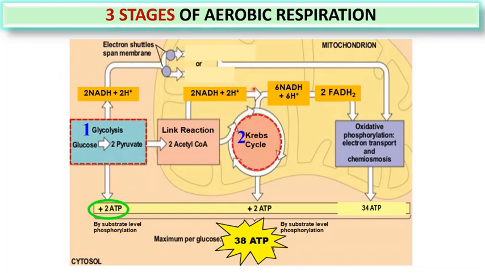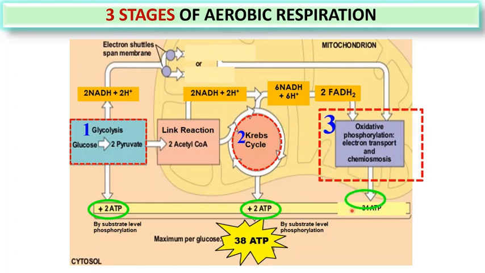The second stage is the Krebs cycle, occurring in the matrix of mitochondria, producing 2 ATP by substrate level phosphorylation and also 6 NADH plus 6H plus and 2 FADH2. The third stage is oxidative phosphorylation, which produces most of the ATP, which is 34 ATP. We will discuss this reaction after this.